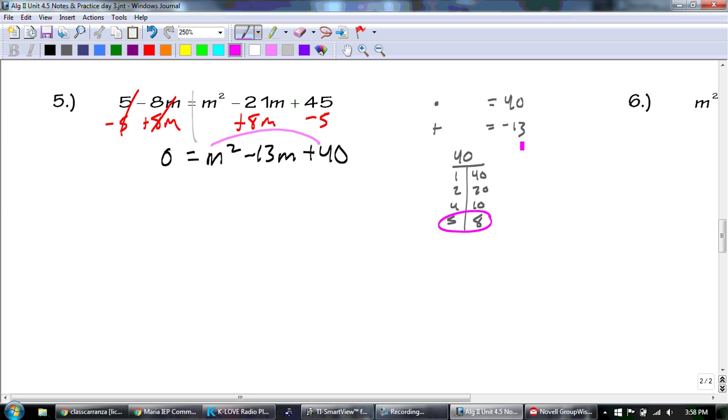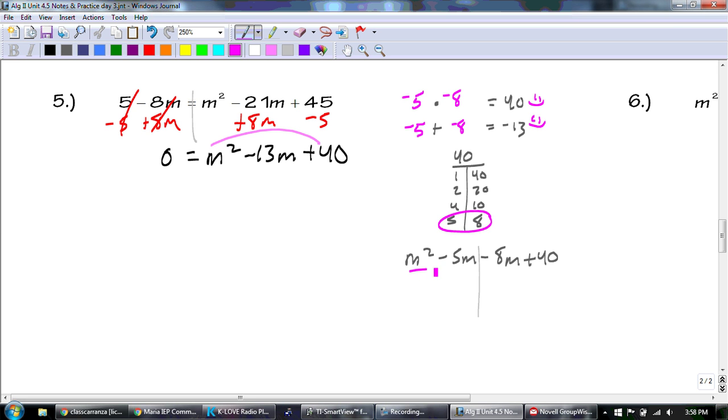But for it to work on the bottom, it's got to be negative 5 and negative 8. And guess what? It works for both. So we have m squared minus 5m minus 8m plus 40.